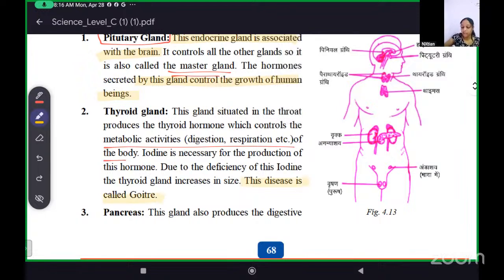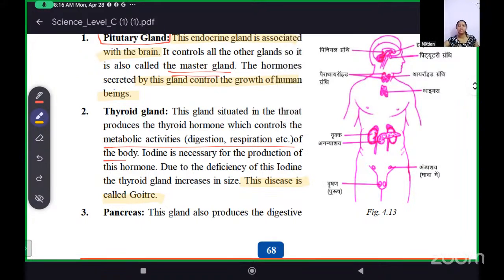If you've seen in some people, or in some photo or video, some people have the neck portion swollen like this. That is known as a disease called thyroid, or goiter.